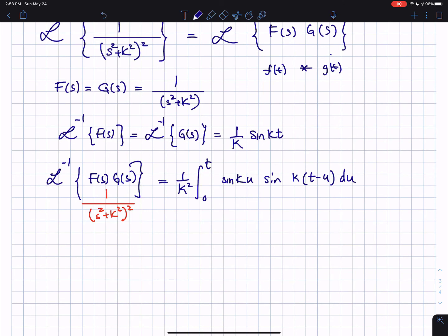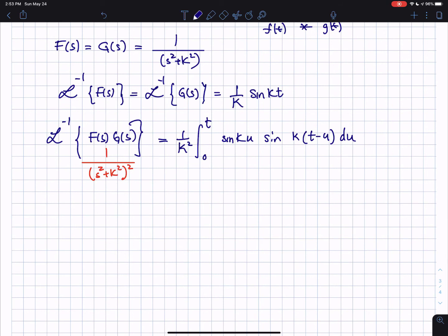Now, you could use integration by parts here, but that would be a nightmare. So it's easier to remember that there was an identity in trigonometry that you could write the product of two sines as a sum, and finding the integral of a sum is always much easier than finding the integral of a product.